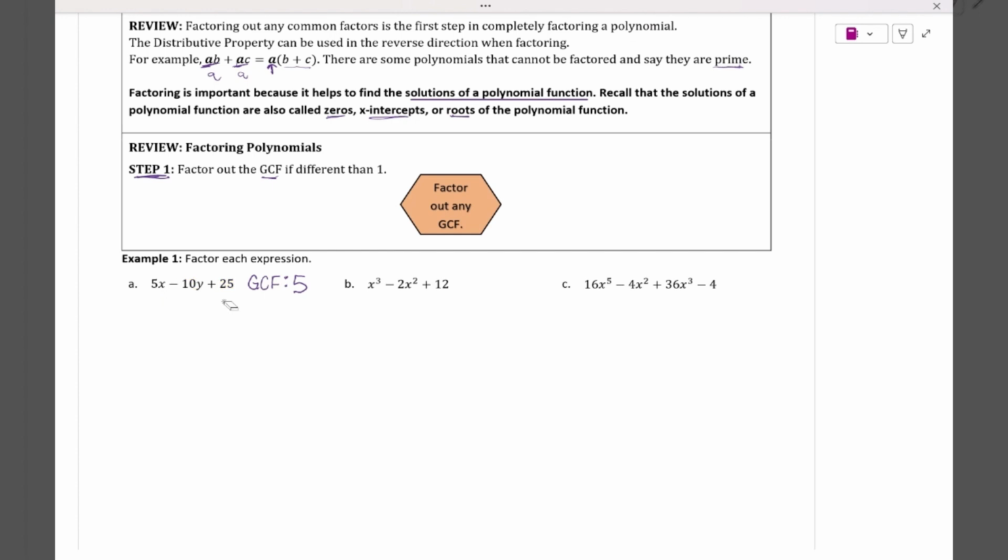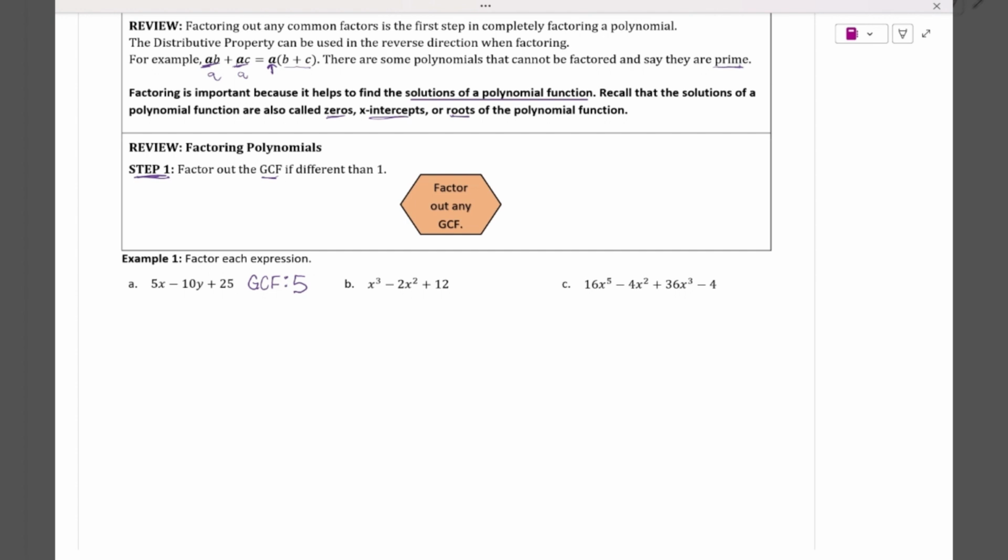Now let's look at the variable parts. I have an x, I have a y, but I actually don't have any variables in that last term. So remember, in order for it to be common to the polynomial, it has to be common to every single term. If they don't all have the same common factor, then we can't use it.